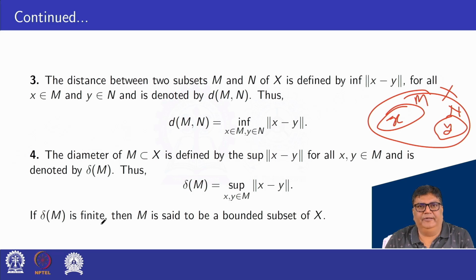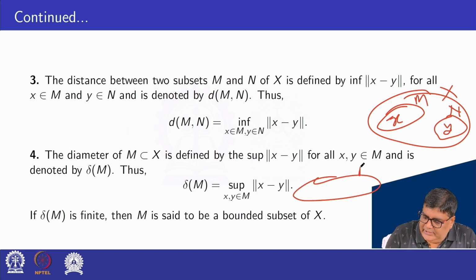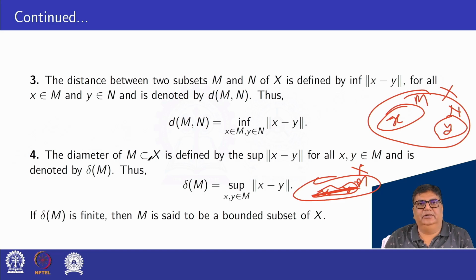If delta(M) is finite, then M is said to be a bounded subset of X. In this case, suppose this is X and M is the subset of X. Then for any points x and y, the supremum value of norm x minus y is called the diameter of the subset M.